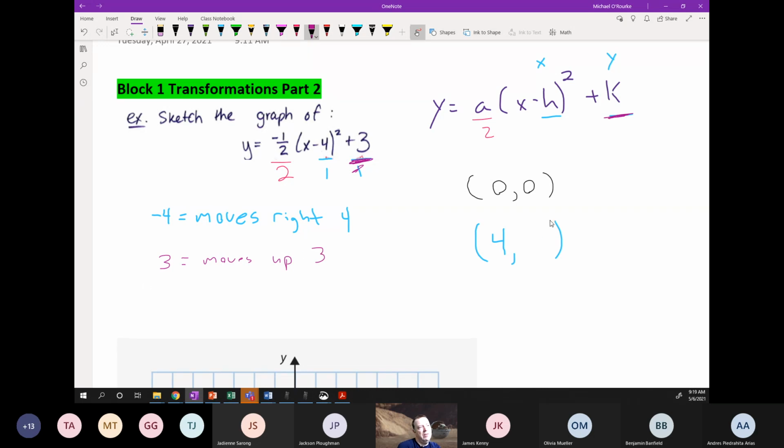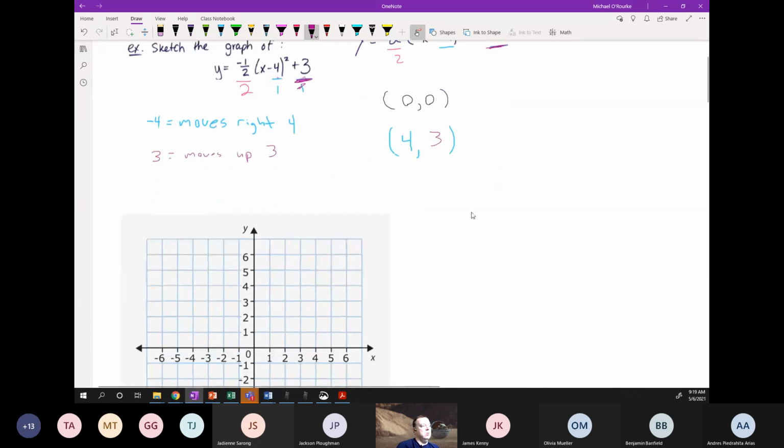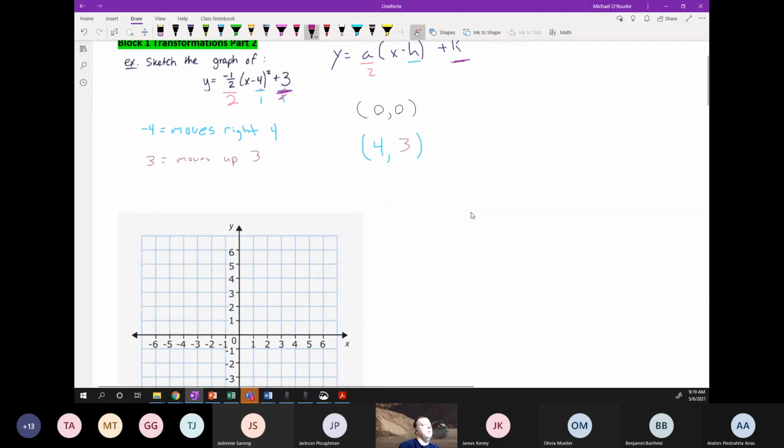And that k value is my y value of my vertex. So right now I could go and plot my vertex point. I go in 4, up 3, and that is where my vertex is going to be.